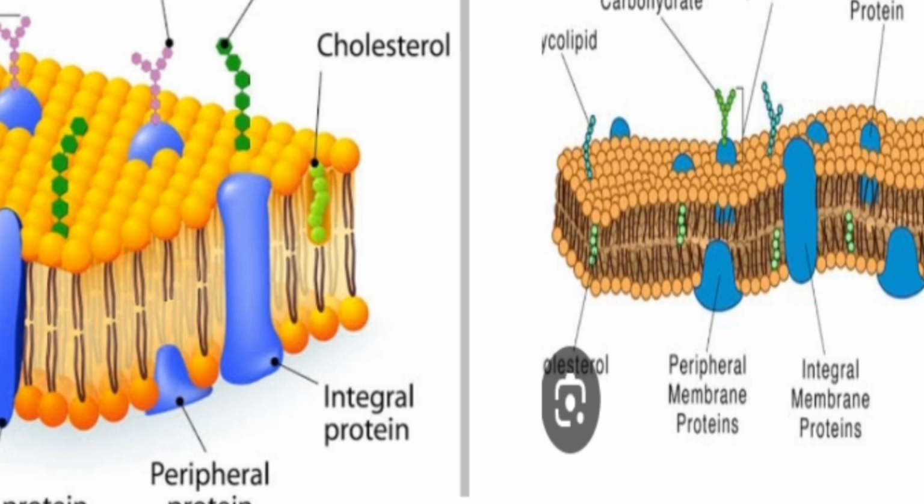So the fluid mosaic model can give an explanation of how polar substances can permeate the non-polar phospholipid bilayer of the membrane. Okay, let me say it again. The fluid mosaic model is able to explain how polar substances such as sodium ion and glucose can permeate through the non-polar hydrophobic membrane bilayer.